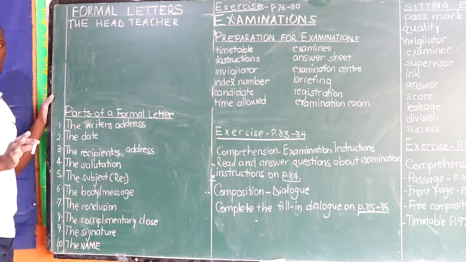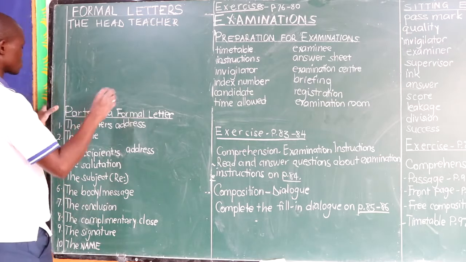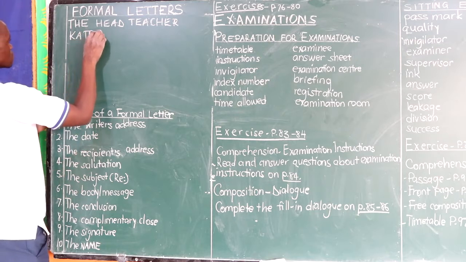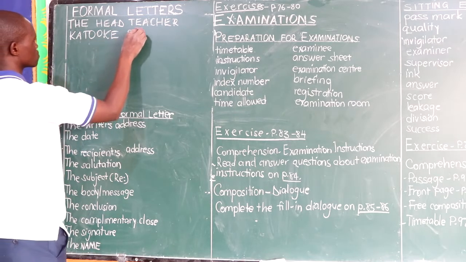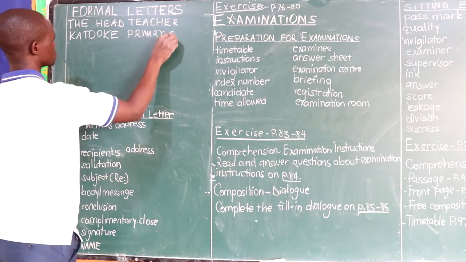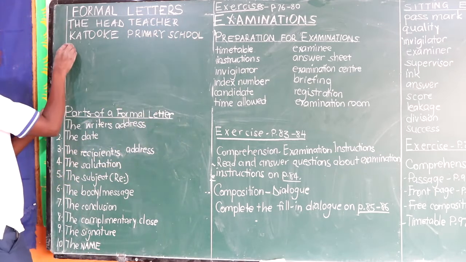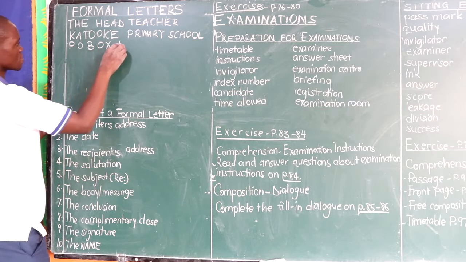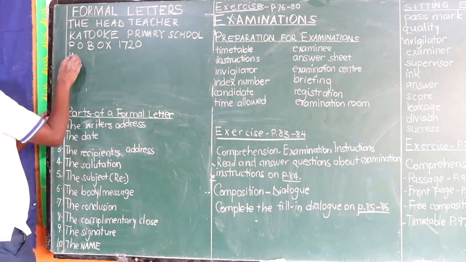The head teacher is the title of the person who is receiving my letter. Then the name of the school, which is Katoke Primary School, P.O. Box 1720, Wakiso.